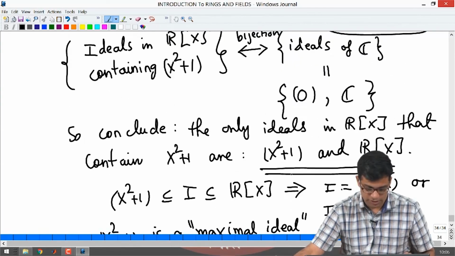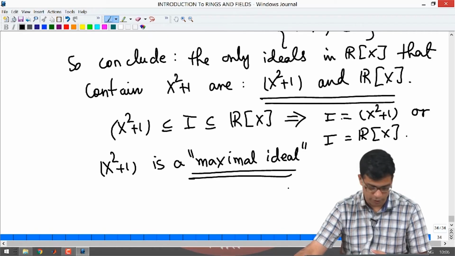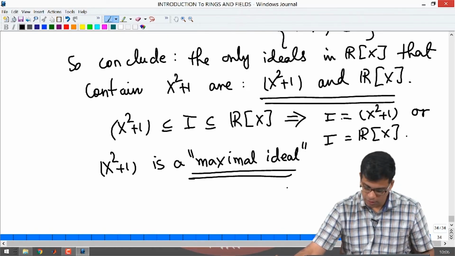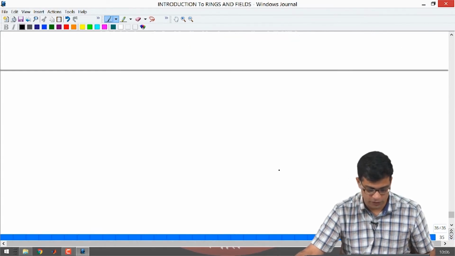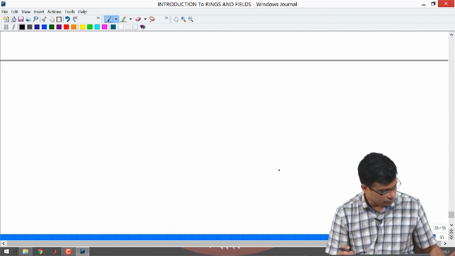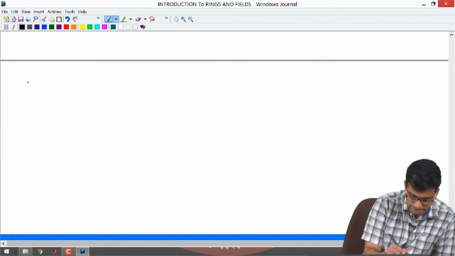Okay. So, now this is a useful result using the correspondence theorem. Now I want to do some more examples. These examples also are supposed to help you with understanding ring homomorphisms and kernels of ring homomorphisms. Okay. So, let us do the following. This is another example.